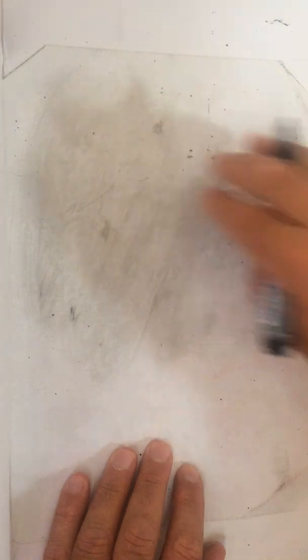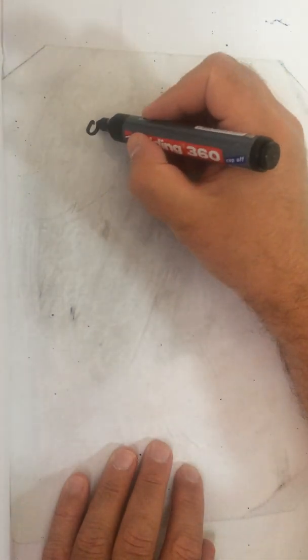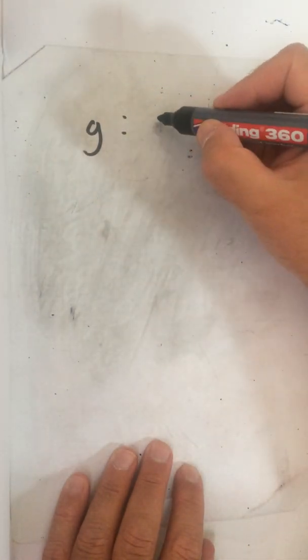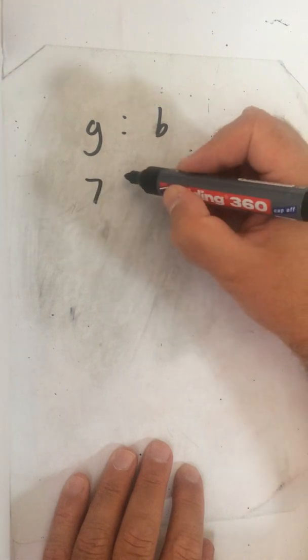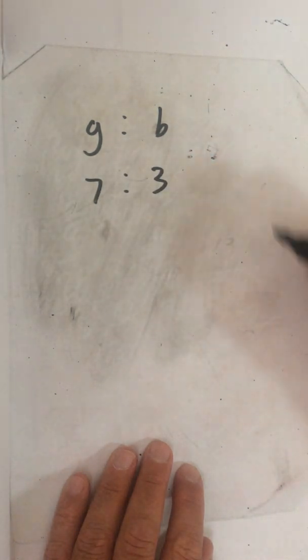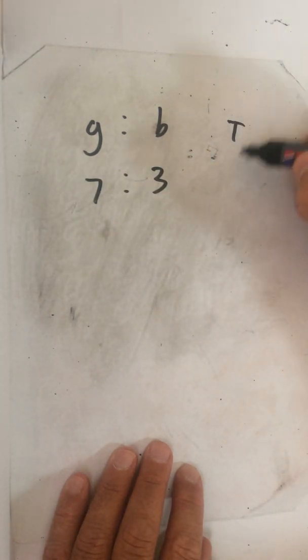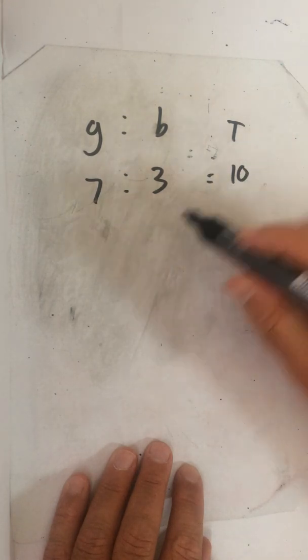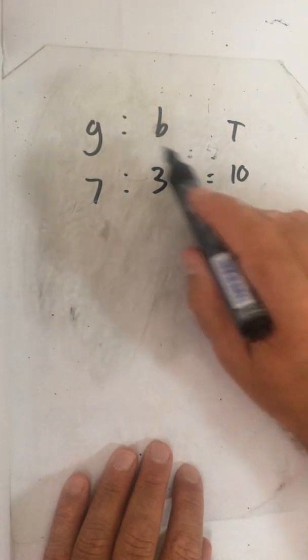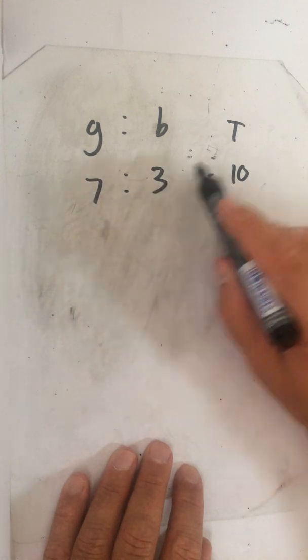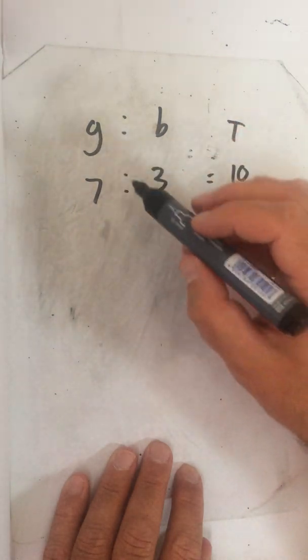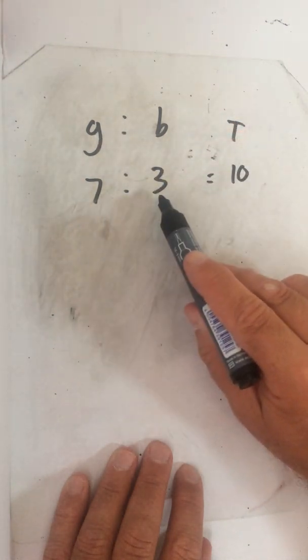Say for example in a gym club, the proportion of girls to boys, you had 7 girls for every 3 boys. Okay, and again the total there is 10. And we can just add this up again. Yeah, 7 and 3 is 10. So the ratio is 7 to 3.